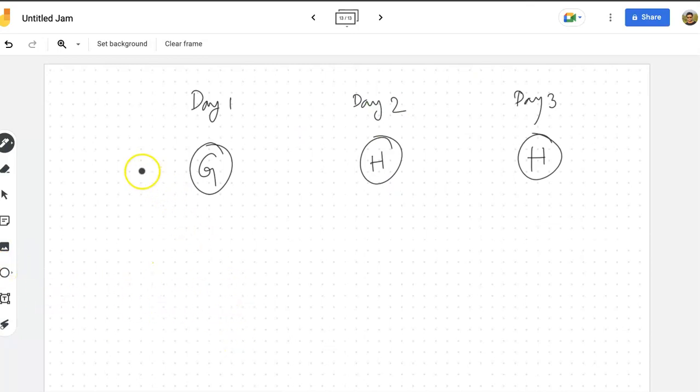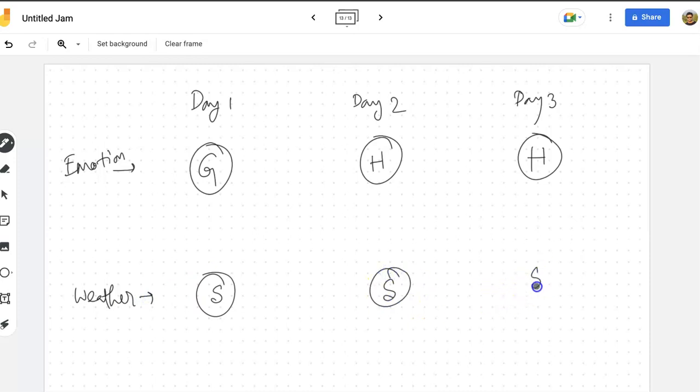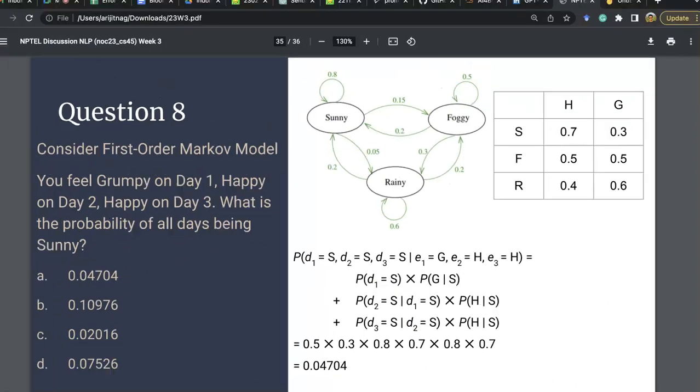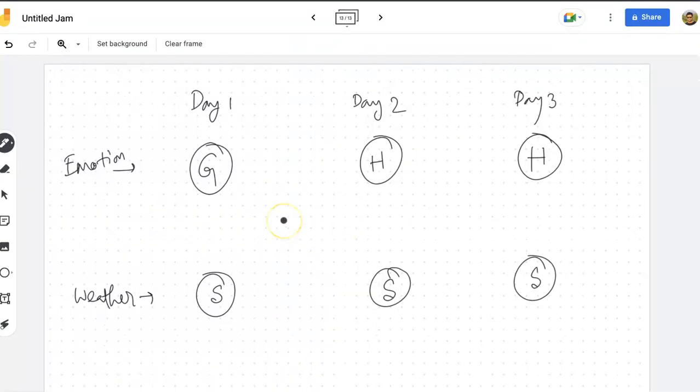So this is the emotion, and this is the weather. So all will be sunny. What is the probability of all these being sunny? Now how will you calculate this?